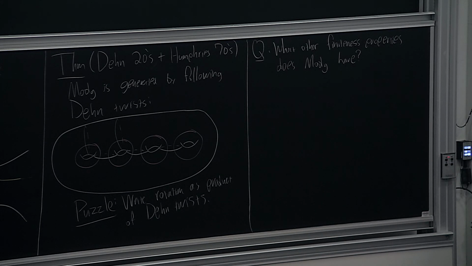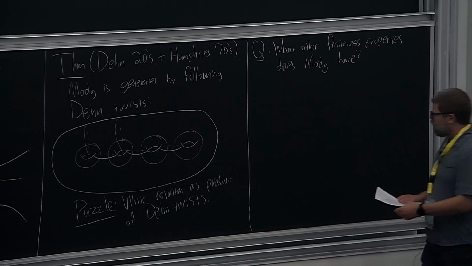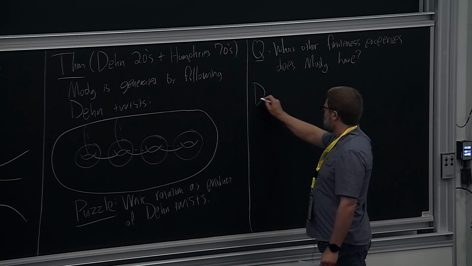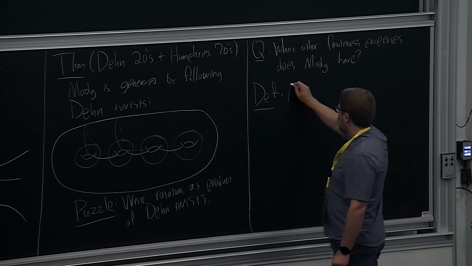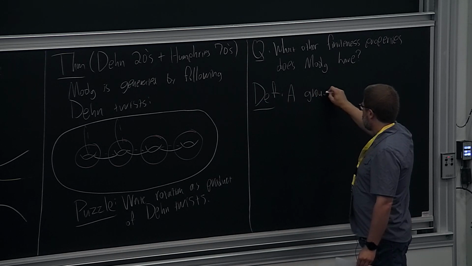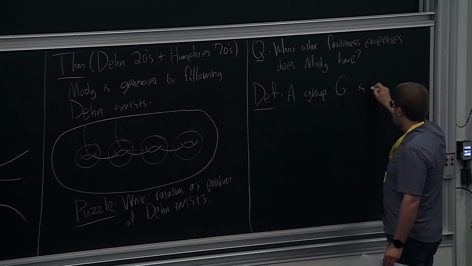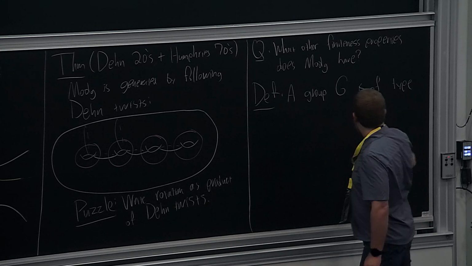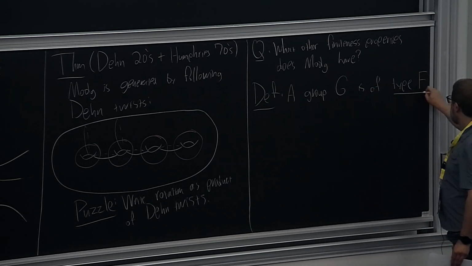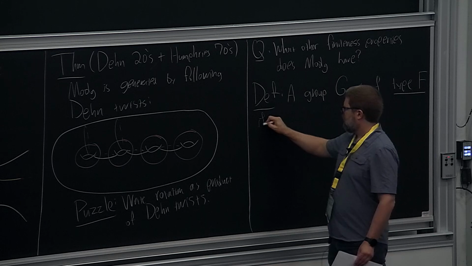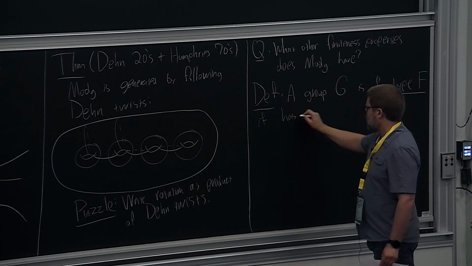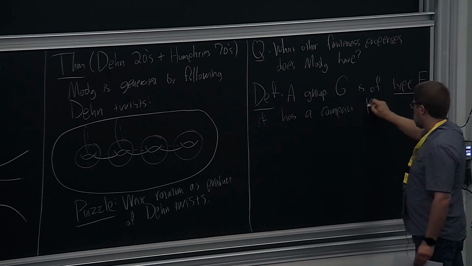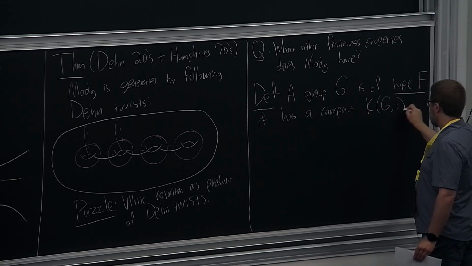So I have to say what I mean by finiteness properties in this context. And so here is the strongest possible definition. A group G is of, we'll call it, type F if it has a compact K(G,1).